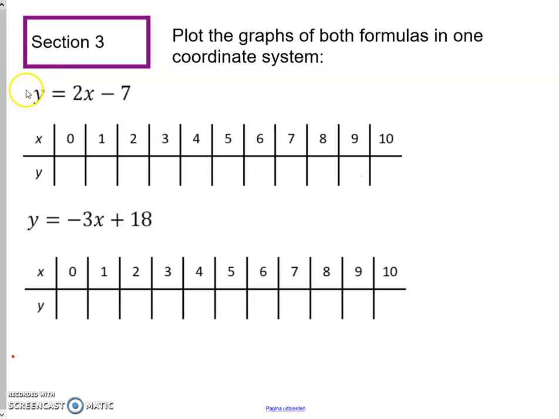So first, we're going to look at two linear formulas, and we're going to plot the graphs of both formulas in one coordinate system. So, when I look at this formula, y is equal to 2x minus 7, I'm going to use my table first, so it's easier to plot the graphs.